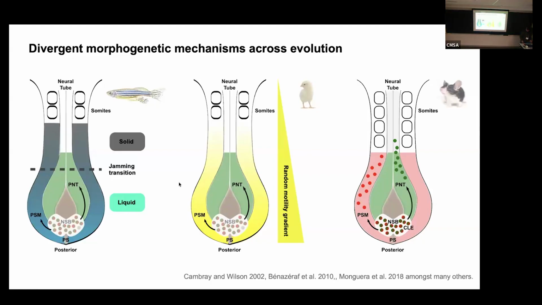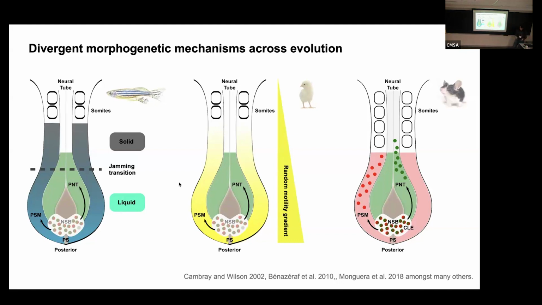I'll go through it just very quickly, but in zebrafish, you have this liquid to solid transition in the PSM. Of course I'm going to focus on the elongation of the PSM, although that doesn't happen in isolation of the elongation of the axis more broadly.